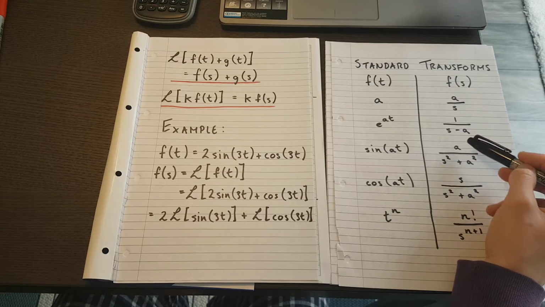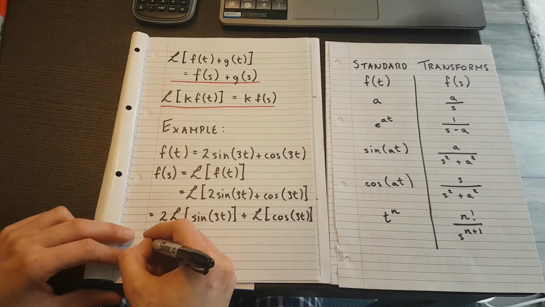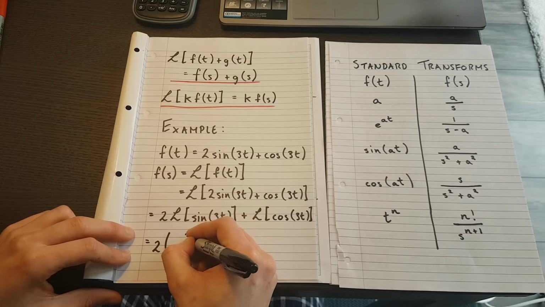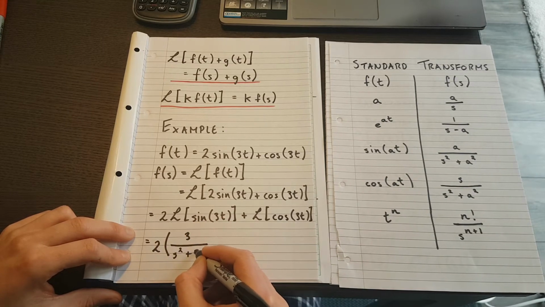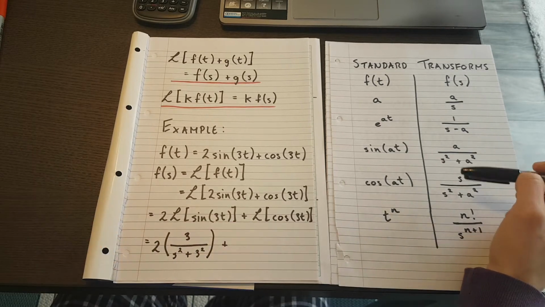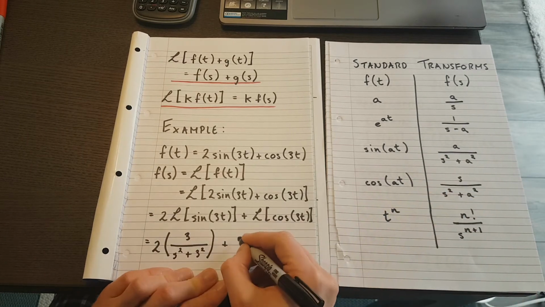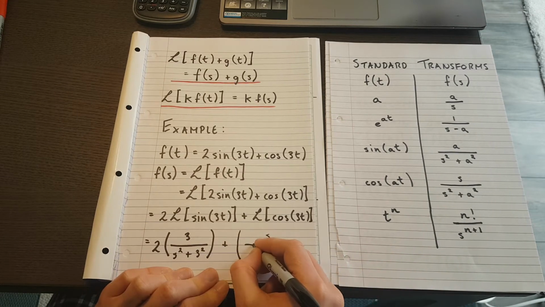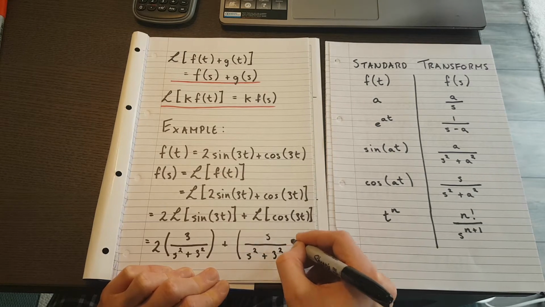That's going to be sine of at, where a is 3. So I would find from my table that I have 2 times 3 on top, and I would have an s squared plus 3 squared. And I would have cosine of at, where a was 3. So this term here is just going to be s on top, and I would have s squared plus 3 squared like that.